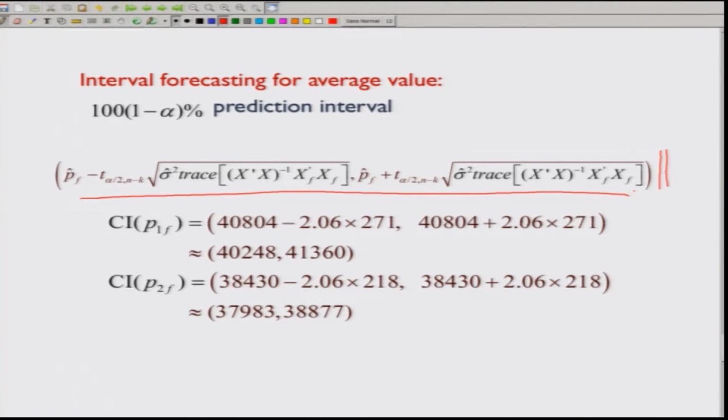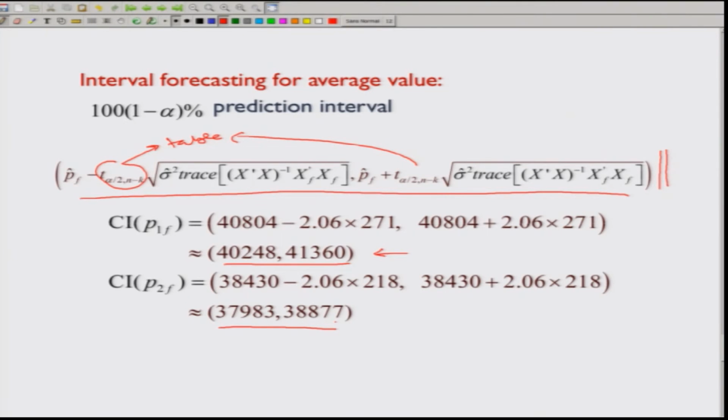Again this value of t is going to be obtained from the tables of t probability, and now we have all these values, the X matrix and the XF matrix also. So, I simply substitute these values, and we can obtain the prediction interval in the first case for x1f like this, and in the second case like this.